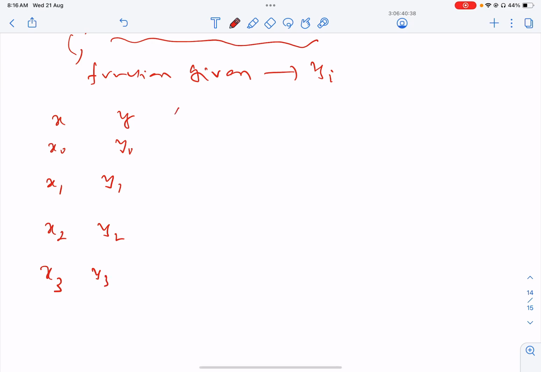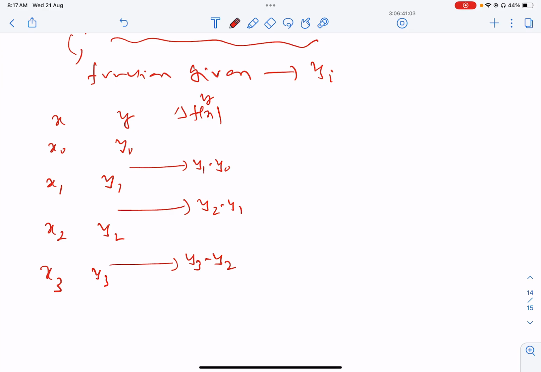Then we call this delta f(x) or delta y, and you need to find the difference here like this: y1 minus y0. In the same way, find the difference: y2 minus y1, y3 minus y2.